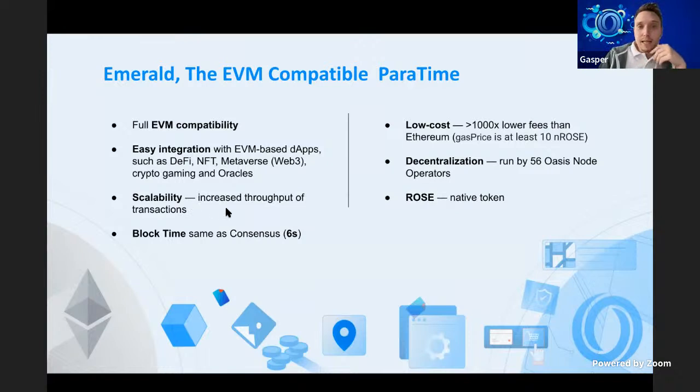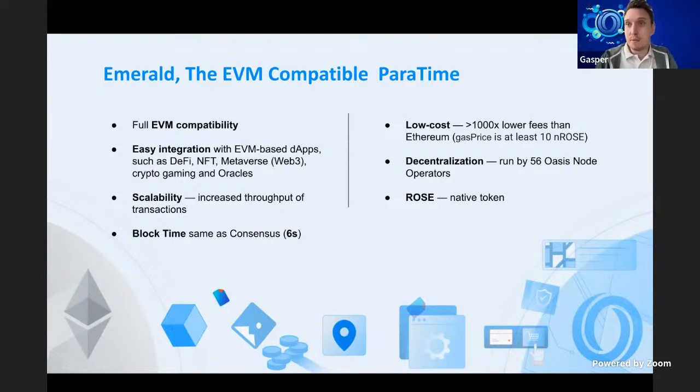And scalability, again, mentioned, since we share the consensus, 6 seconds block time. And the parameter that is very crucial from my perspective is that the fees recently were actually set to a very, very low amount just to prevent some attacks and so on, right?